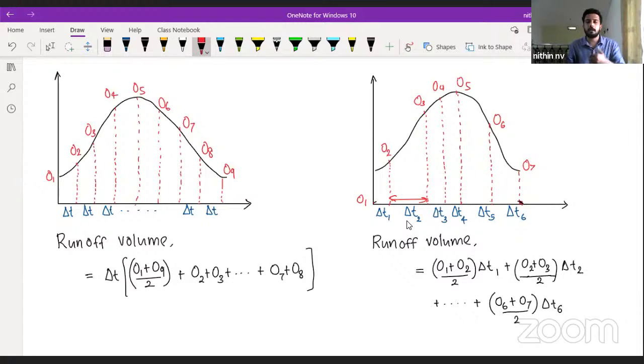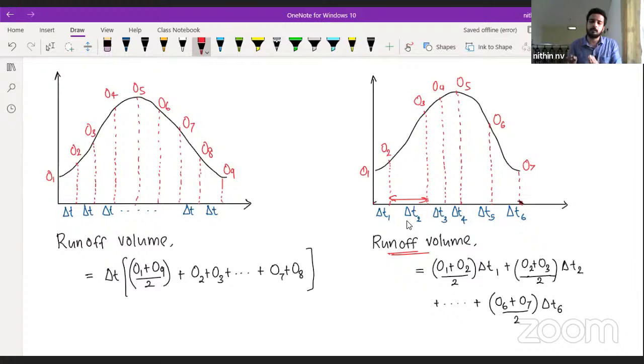So the area under a DRH or unit hydrograph or whatever is nothing but our runoff volume. Runoff volume is equal to the area under the hydrograph. It is not the area of catchment, it is the area under this figure, and the magnitude of the area under this figure is equal to the runoff volume. Now how are we going to calculate it? The average of the adjacent ordinates multiplied by the corresponding time interval.